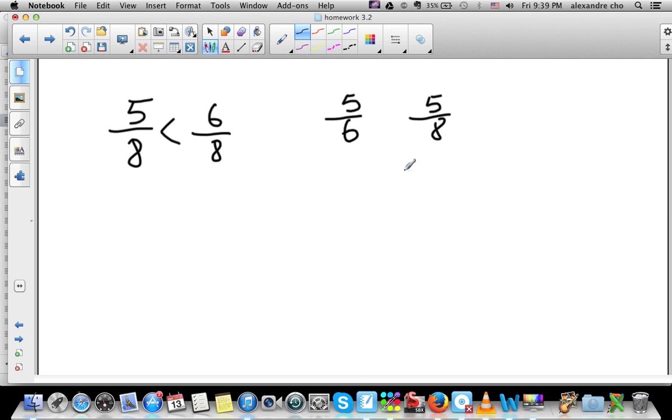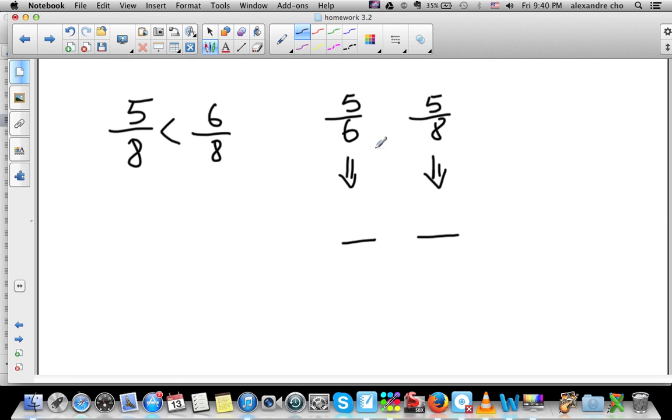In this case, I would try to find equivalent fractions. I'm going to change these two to new fractions. Can you think of a number that 6 and 8 can both go into?